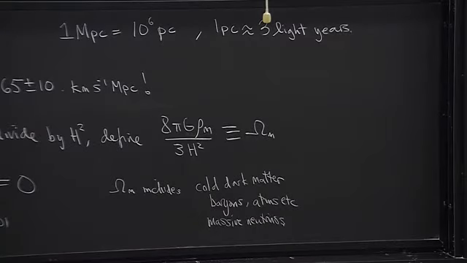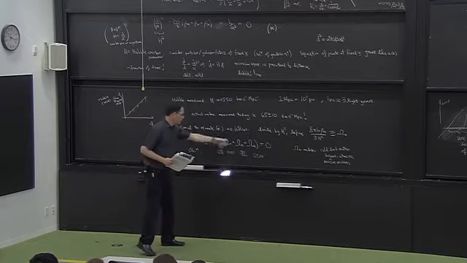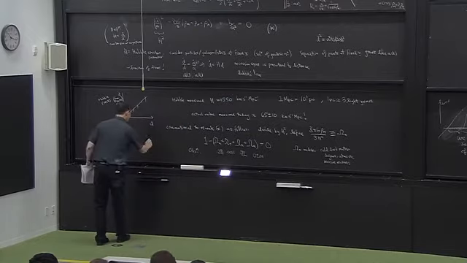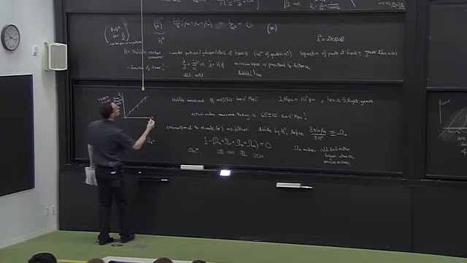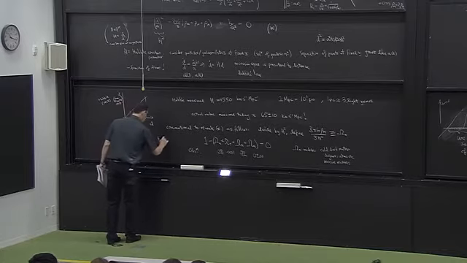Sorry? Omega k is the contribution of the spatial curvature to the Friedmann equation in units where everything adds up to 1. So by definition, omega k is equal to k over a squared H squared.